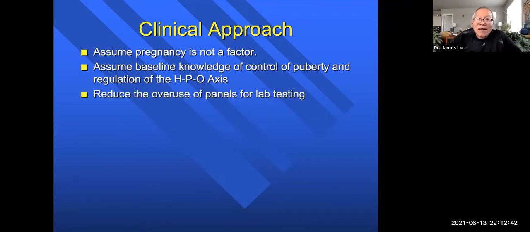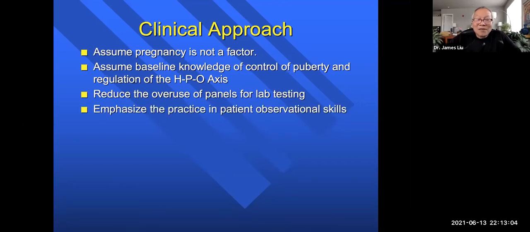I'm going to try and emphasize that as we teach fellows and residents, we tend to use a lot of panels for lab testing, and we perhaps overuse it. And certainly in certain countries, this may not be available, or in certain rural areas, it's not available.